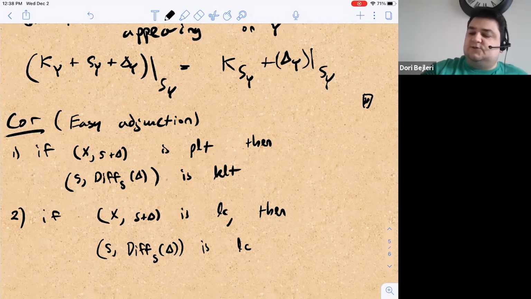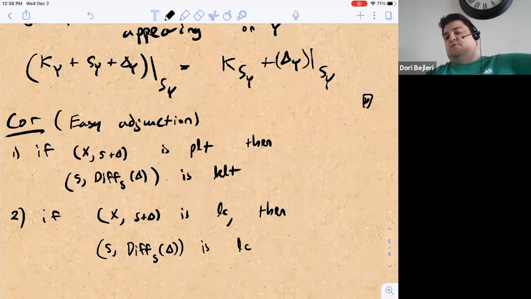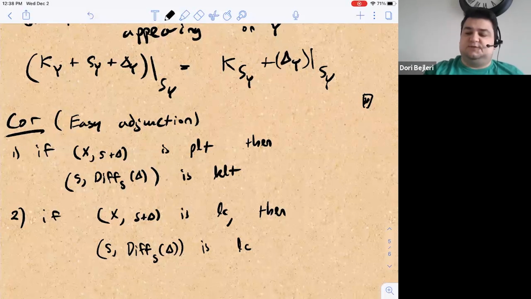And then the only extra observation is that in the PLT case, S plus delta is as before, so S is like the unique component with coefficient 1. Then in the PLT case, first of all, we have the discrepancy bound because we just proved that, but also we know that the restriction of delta, or the different, because the restriction of delta Y to SY has coefficients strictly less than 1, because the delta piece has coefficient strictly less than 1. And so that's why we know it's actually KLT, not just PLT.